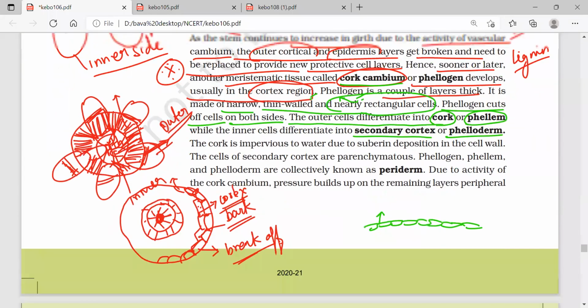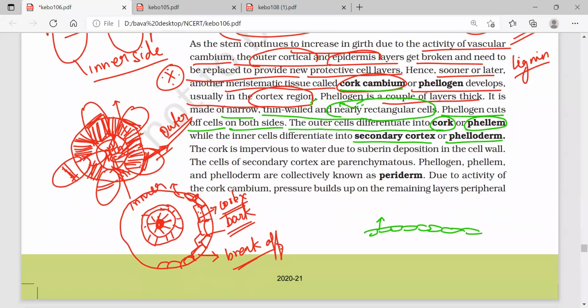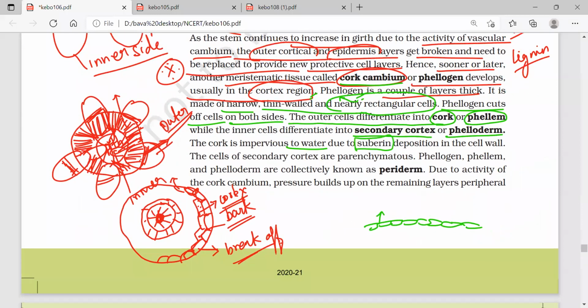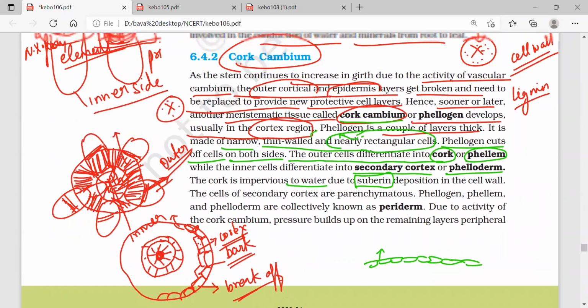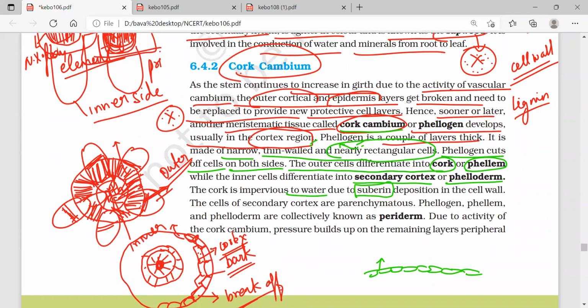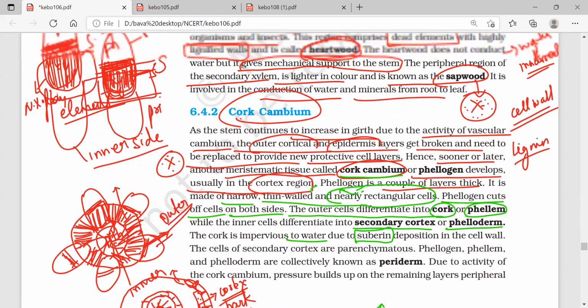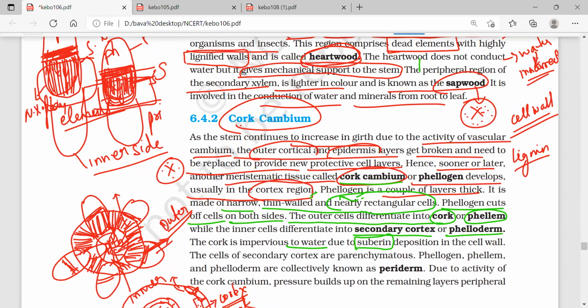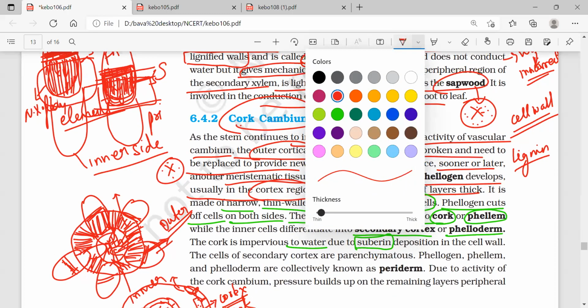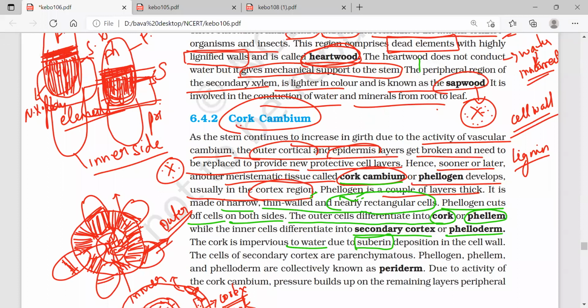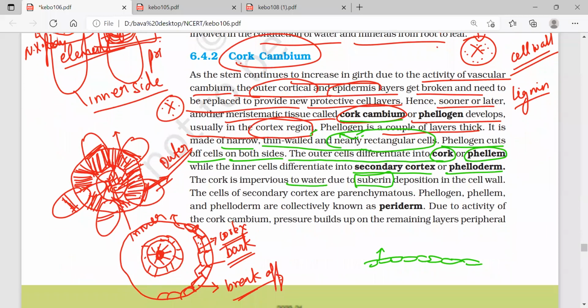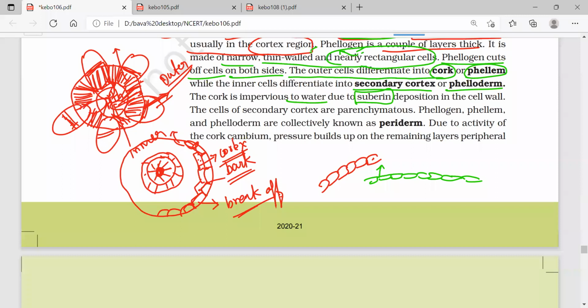The cork is impervious to water due to suberin. Note down where we saw suberin deposited. In the dicot root, sir. Only the dicot root, the monocot root doesn't have anything. Sir, in the pericycle cells. Correct, pericycle. Sir, endodermal. Very good. The endodermal layer, which has barrel shaped cells, has suberin deposited.